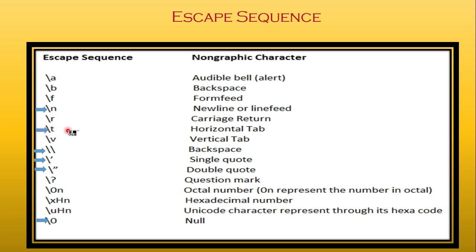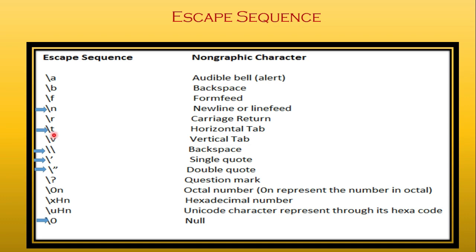\t means tab. That means if you write System.out.println hello, then \t world, double quote closed, then semicolon, and execute the statement, what will you get? You will get hello, then some fixed space, that is what \t means.